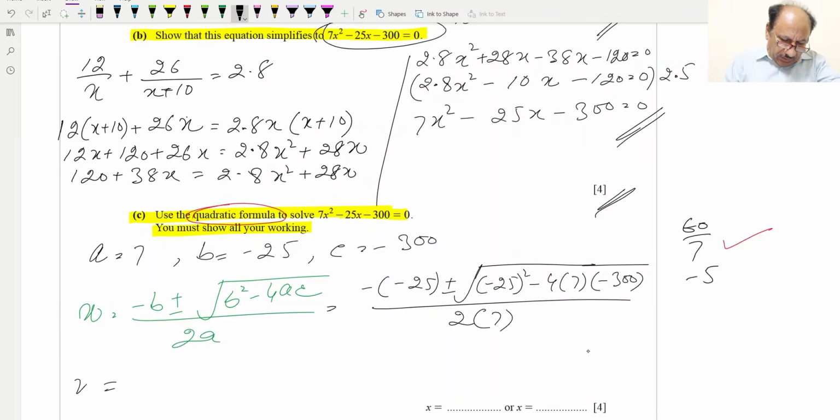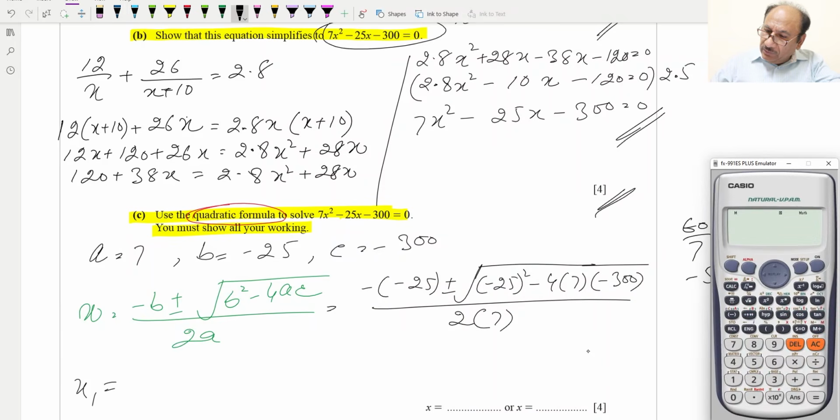Now we can find x1. X1 will be, positive value we'll be checking first, so minus into minus 25 and plus, then later on we'll be checking for the minus value. So in brackets minus 25 squared minus 4 into 7 into minus 300, also in brackets, divided by 2 into 7 is 14, and this is equal to 60 over 7.